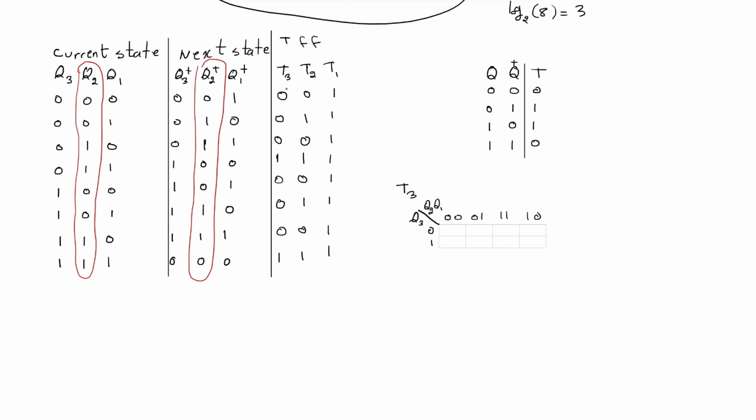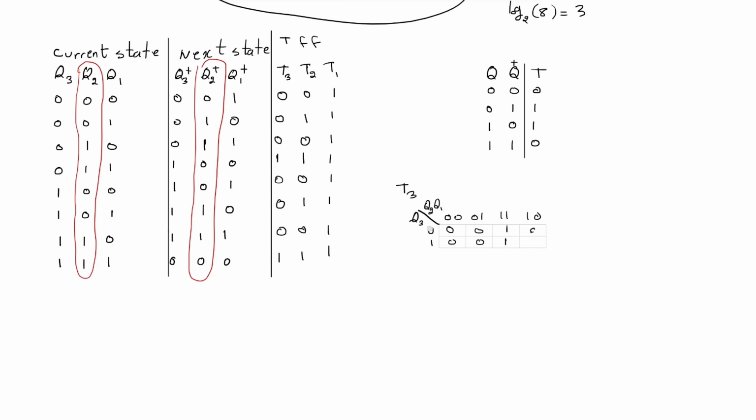So let's look at where T3 is 1. It's 1 in 2 locations. This location here corresponds to 0, 1, 1. So that's 0, 1, 1, it's 1. And then another location, the last row, corresponds to 1, 1, 1. So that's 1, 1, 1 in this area here. And then the rest are zeros.